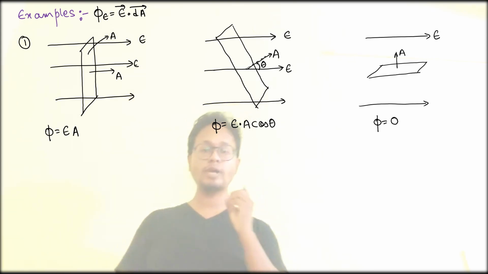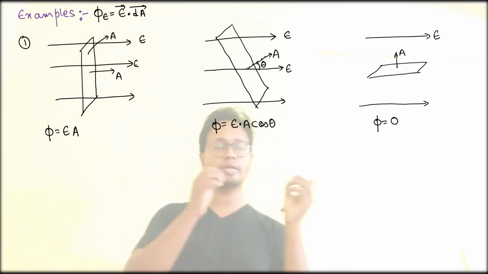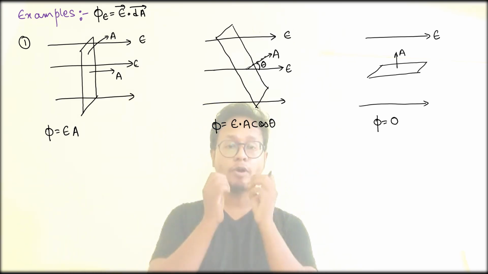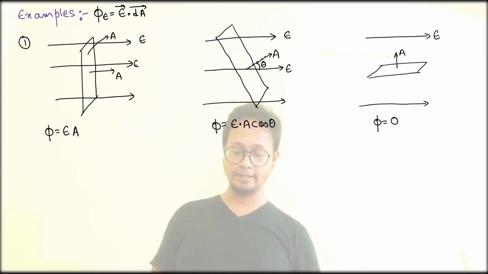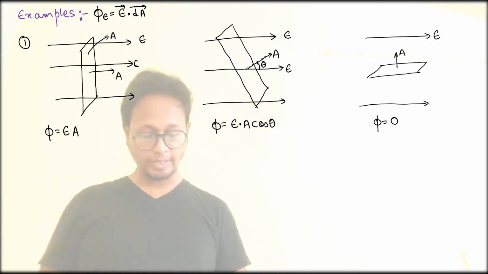So you can also imagine flux as the number of field lines passing through the area. Okay, you can also imagine a trick out here.